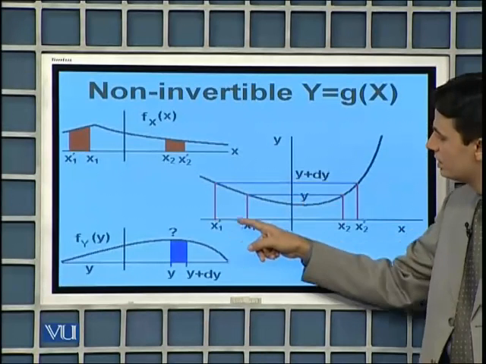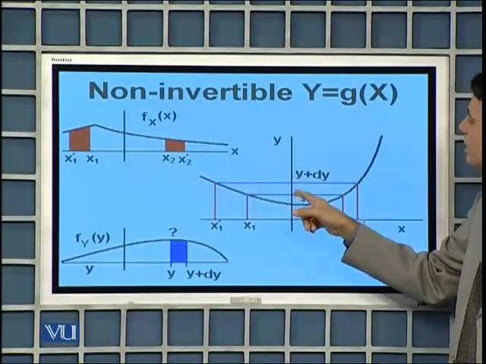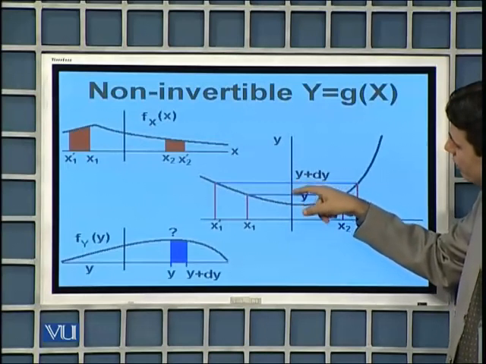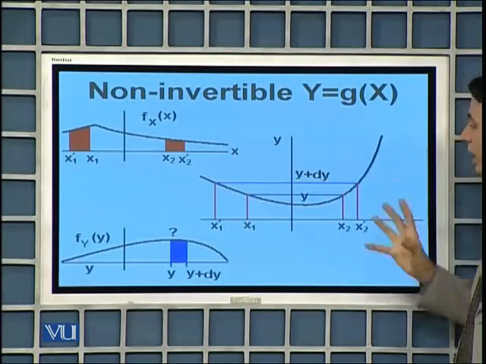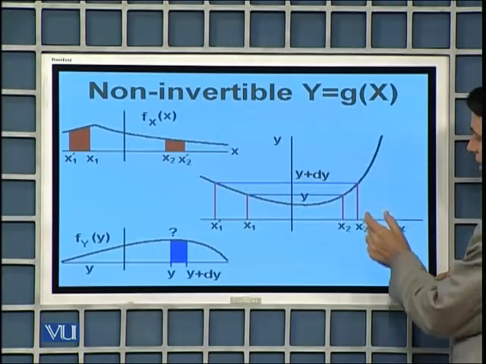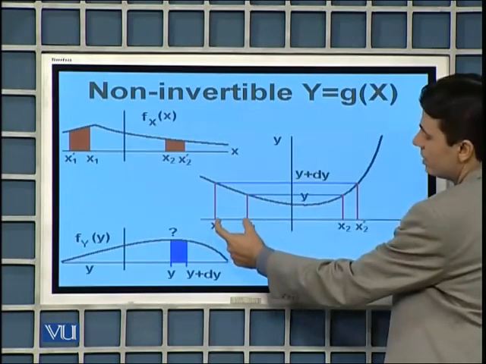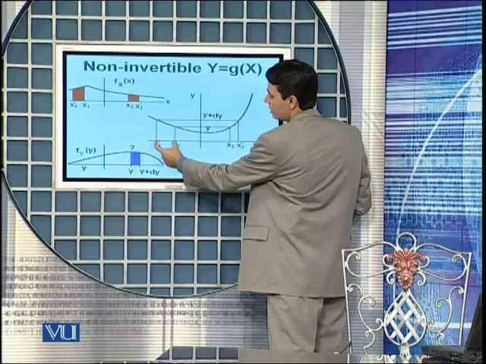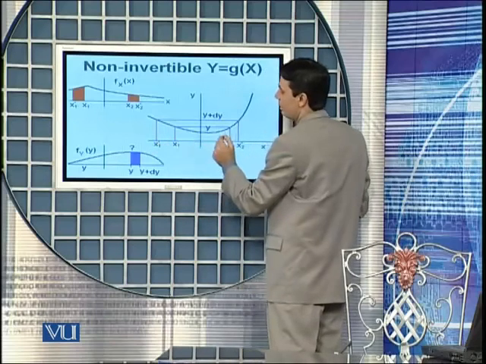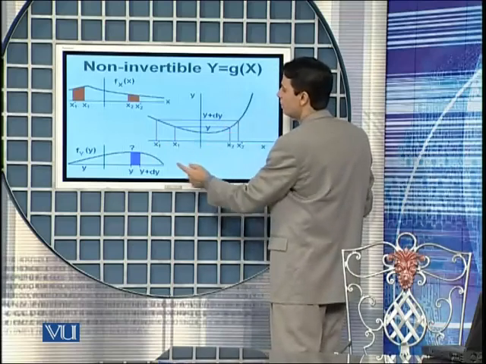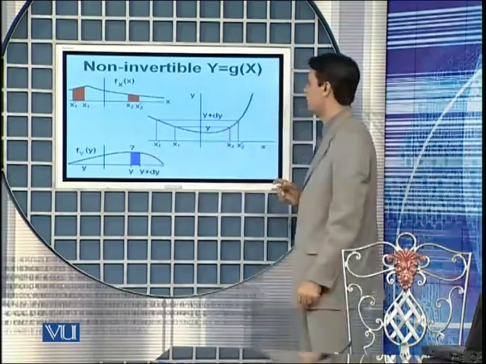Similarly, when x is in this range, the mapping is in this range. So if you want to find the inverse mapping of y being in this range, the answer consists of two parts. One is that x is in this range, the other is that x is in this range. So there are two events in random variable x which give you this event in random variable y.